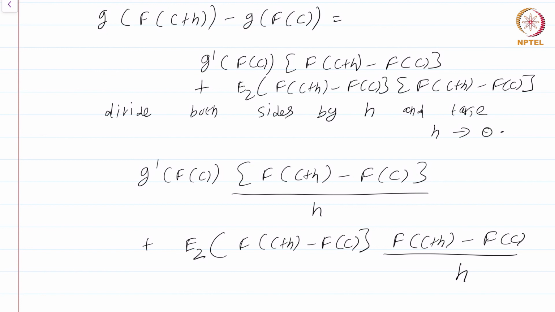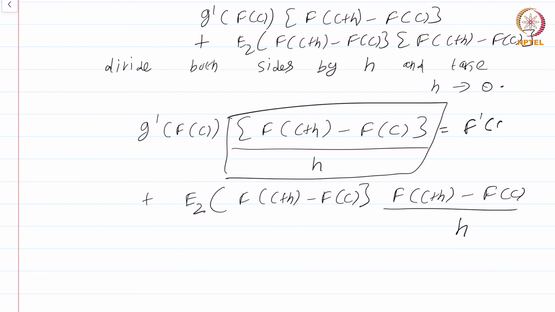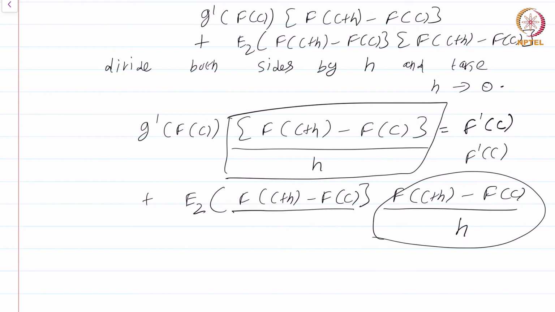I don't think so. Now as limit h goes to 0, this quantity just becomes f prime at the point c, right? And this quantity also becomes f prime at c. But this quantity which is there inside E2, this will approach 0 because f is going to be continuous at the point c, because f is differentiable at the point c.